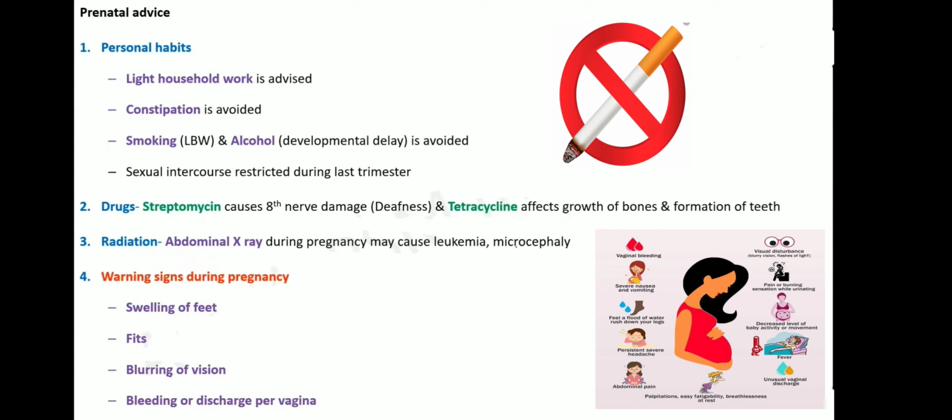If the mother is consuming lots of alcohol, recent studies show that it can cause spontaneous abortions as well. And regarding sexual intercourse, this has to be restricted during the last trimester.